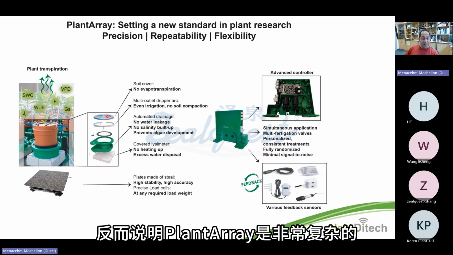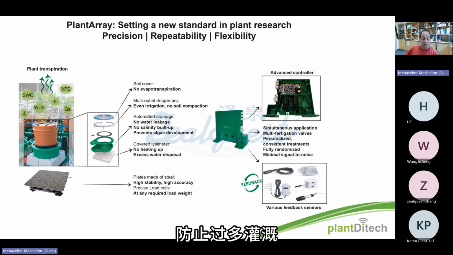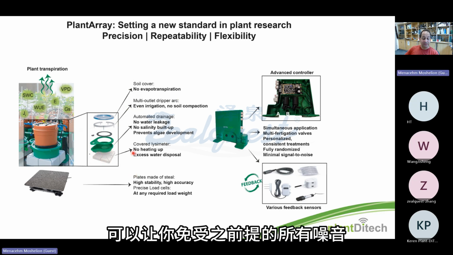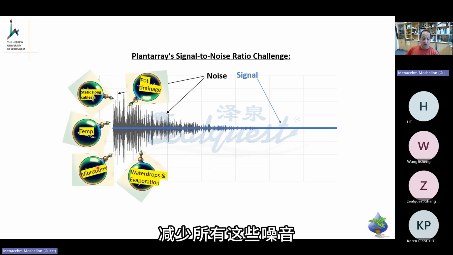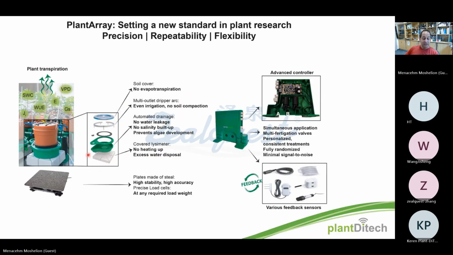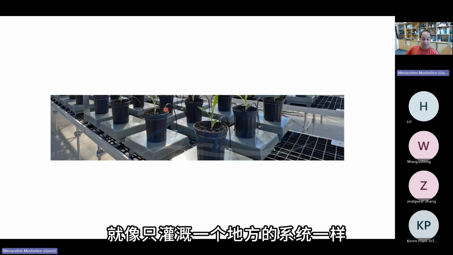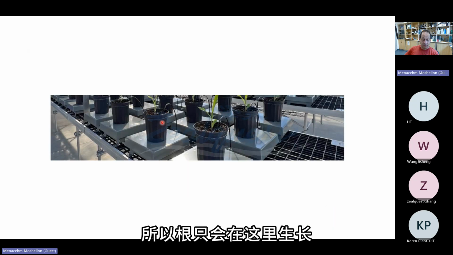PlantArray, on the other hand, has this very sophisticated, unique plastic that helps you to prevent evaporation, to prevent excess water. You see, we have an O-ring for each plant. We have this green tab. These are patented and enable you, in the end, to protect against all the noises I was talking about before and reduce all of these noises and enable you to see a very clean signal, including the irrigation, which you see is irrigated all over the plant, not just in one spot like this system that irrigates only at one spot, so the root will grow only here.